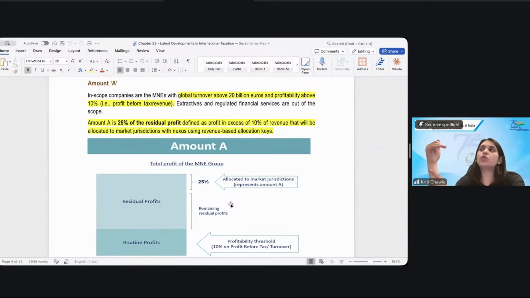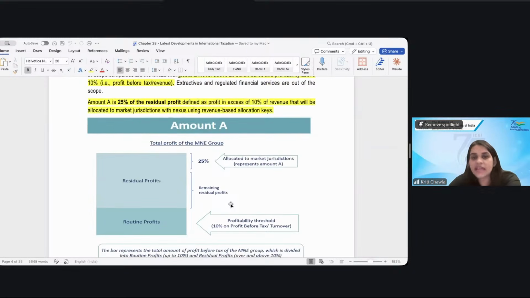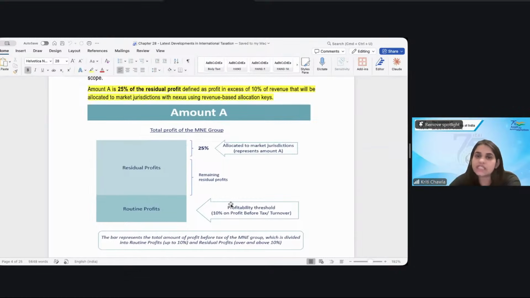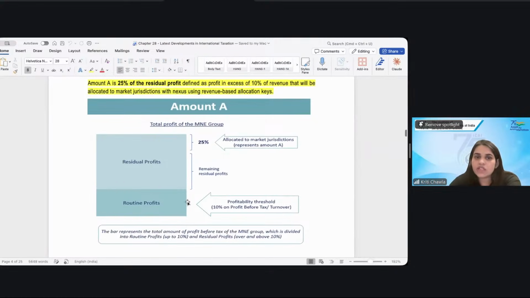Now, after they qualify, Amount A is 25% of the residual profit, defined as profit in excess of 10% of revenue, that will be allocated to market jurisdictions with nexus using a revenue-based allocation key. So if you look at the total profit of the MNE group, the routine profits are going to be the 10% of profit before tax over turnover.